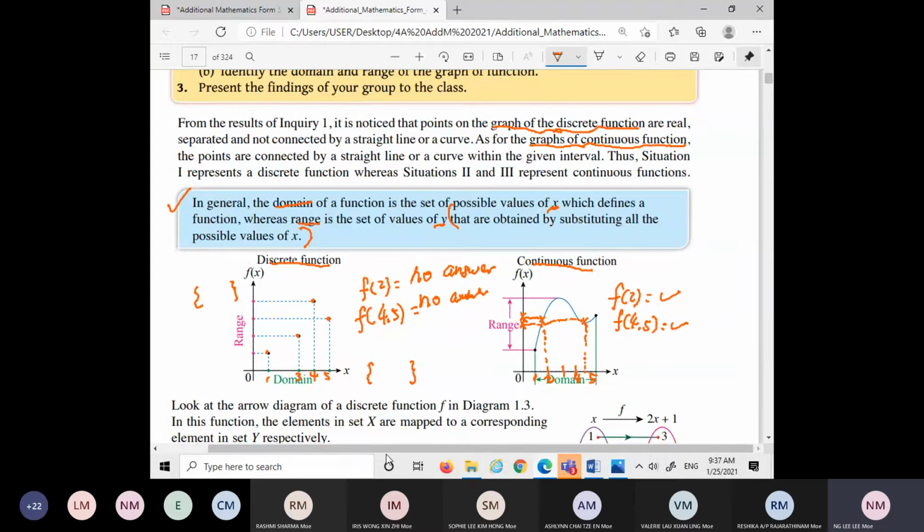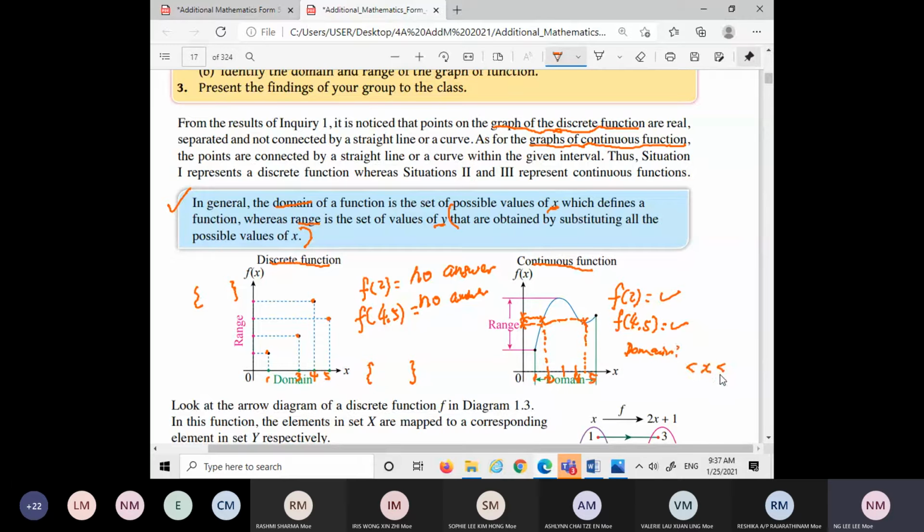But for continuous functions, this domain is continuous. Usually they will write the domain in an inequality.